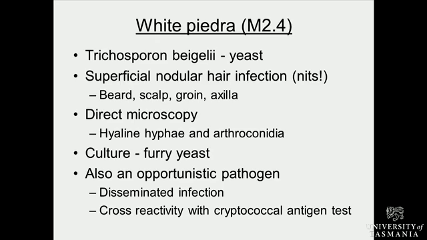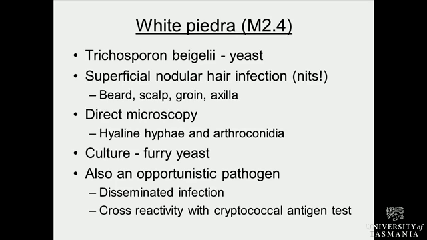So you'll see these little yeast growths, beard, scalp, groin, axilla, most commonly on the beard or the scalp. And when you squash this, so you take hold of a lesion, take hold of the hair, find the little white lump there, pick it off onto a slide and squash it. When you do a squash prep, you have lots of hyphae, and this Trichosporon always forms arthroconidia.